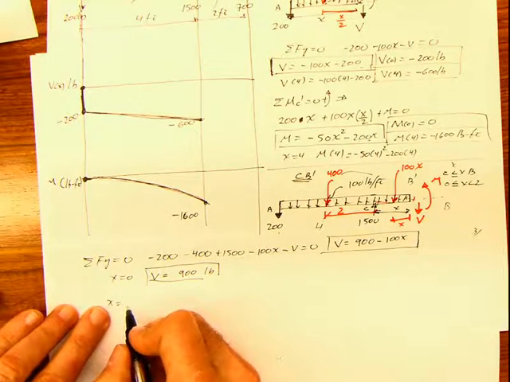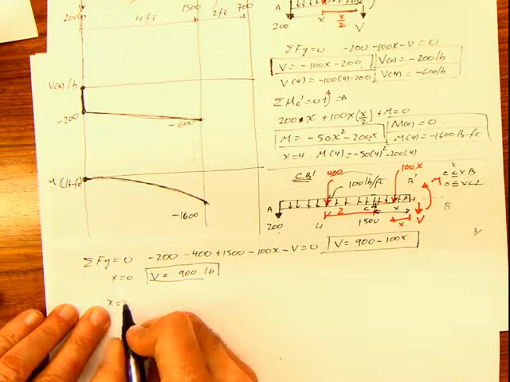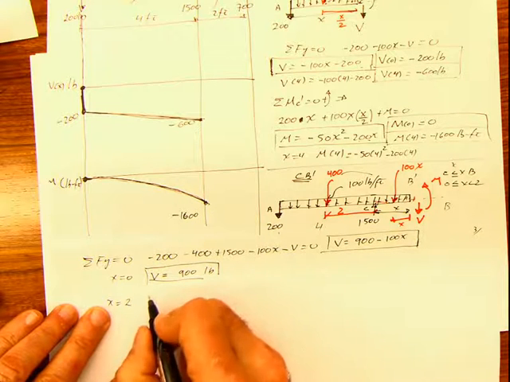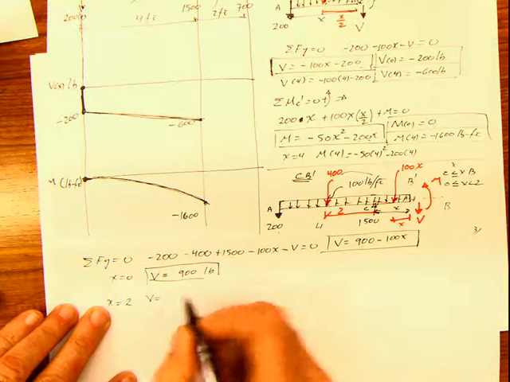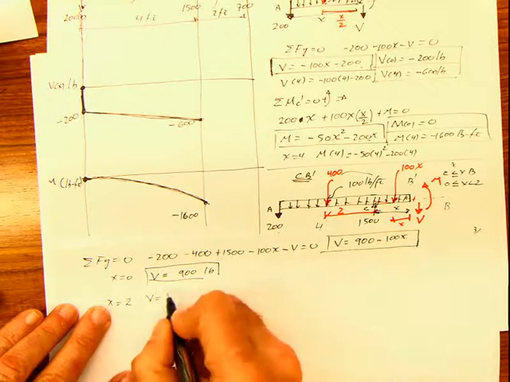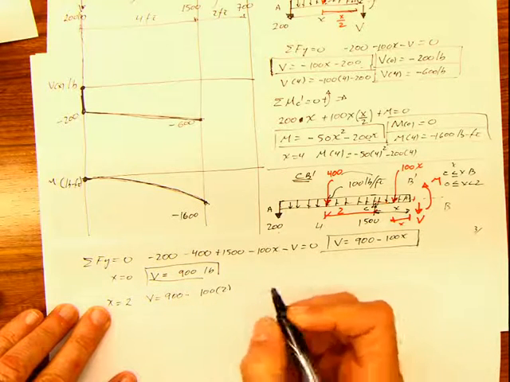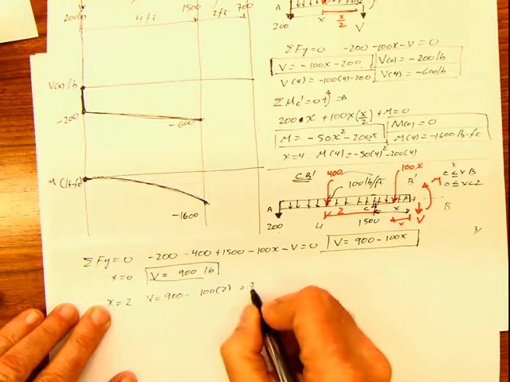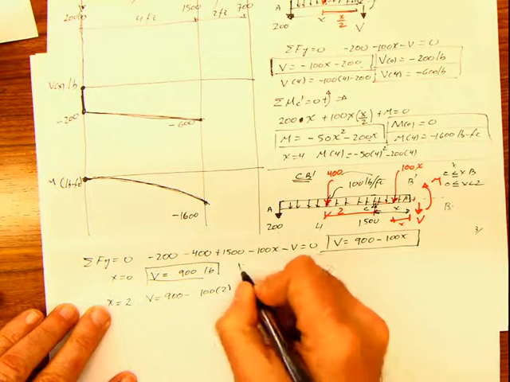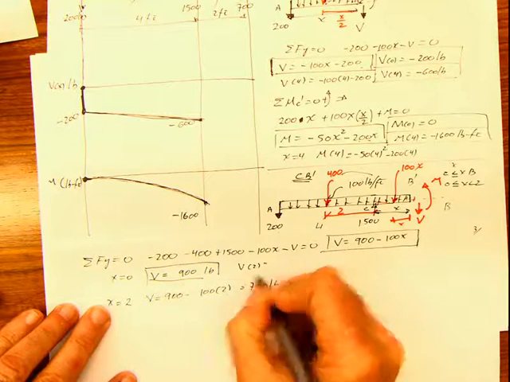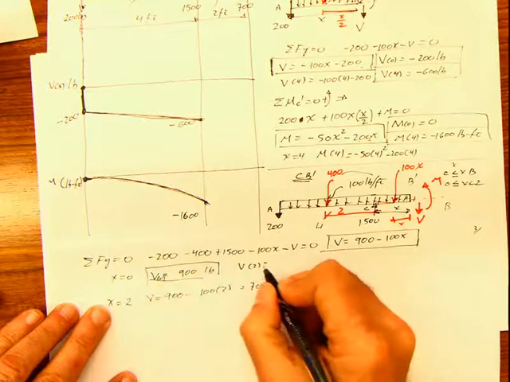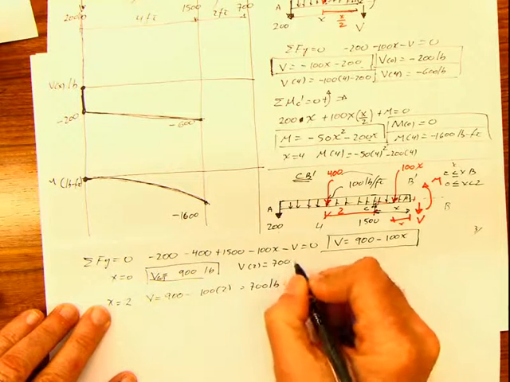So x equal to 2, then my shear is going to be 900 minus 100 times 2, or 700 pounds. V of 2 equals 700 pounds.